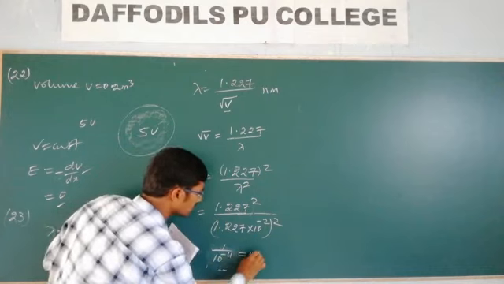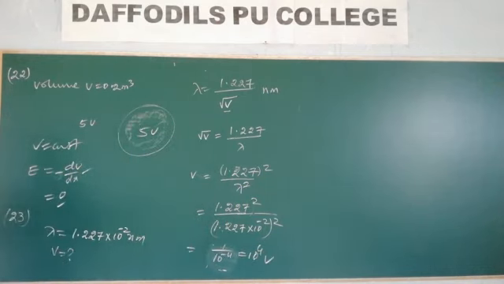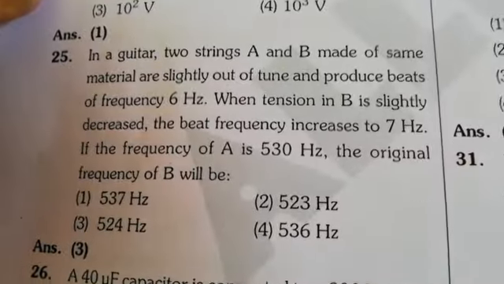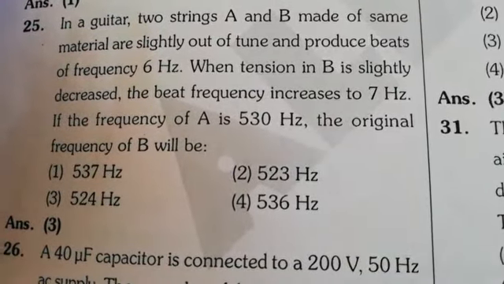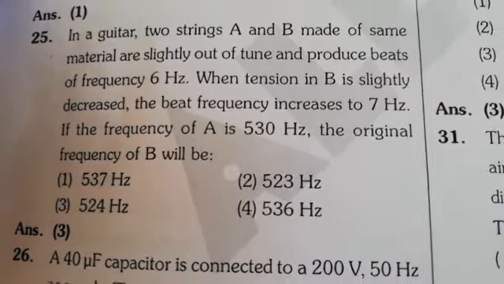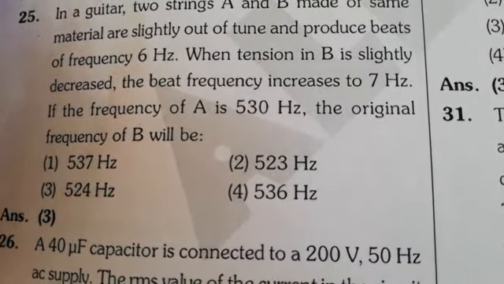Now 1.227 by 1.227, it is also square, sorry. Now this is also square, then 1.227 square will be cancelled. Then we have 1 by 10 power minus 4, which is 10 power 4 volt. Then we have the first option as the correct one. Let us go for the 25th one.